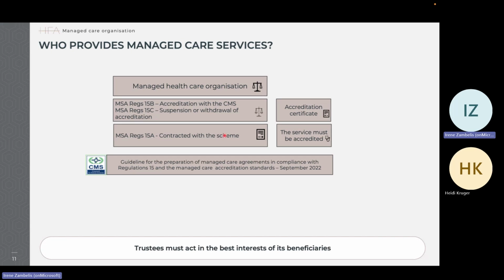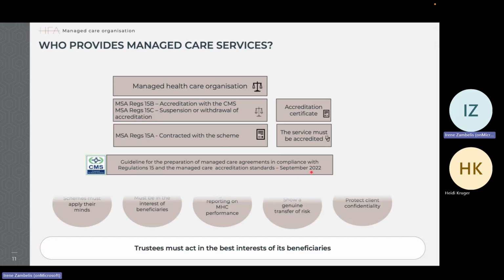This particular guideline was published in September 2022. And what it says is that schemes must apply their minds, that whatever managed care program they get, it must be in the interests of beneficiaries. And there must be regular reporting on the performance.